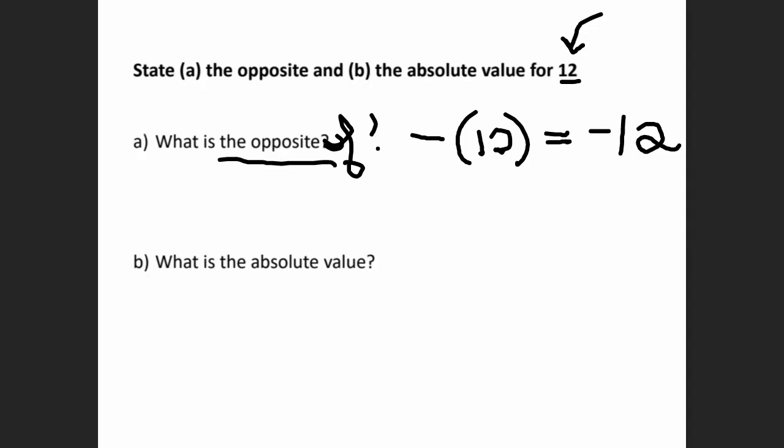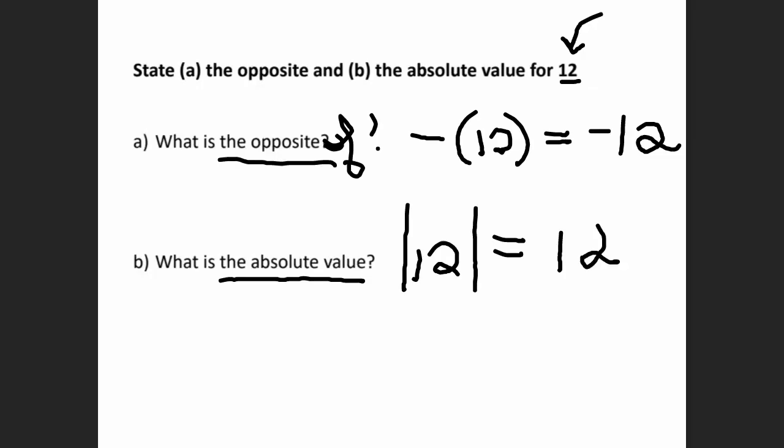Now remember, what is the absolute value? That is saying symbol-wise, we're putting 12 inside 2 bars. The distance the number inside the bars is to 0 is 12. Okay.